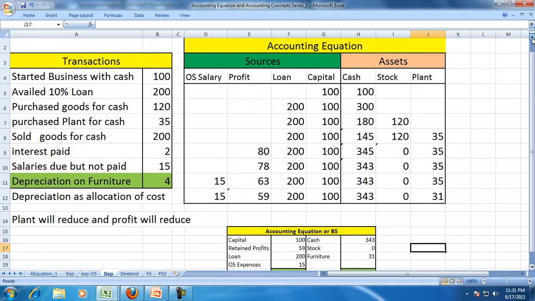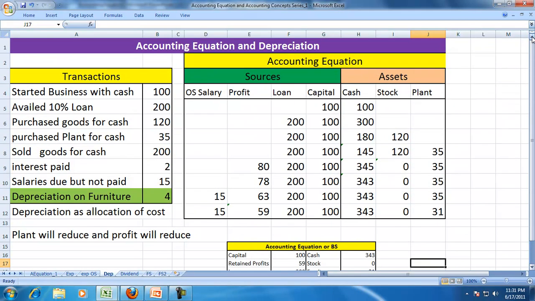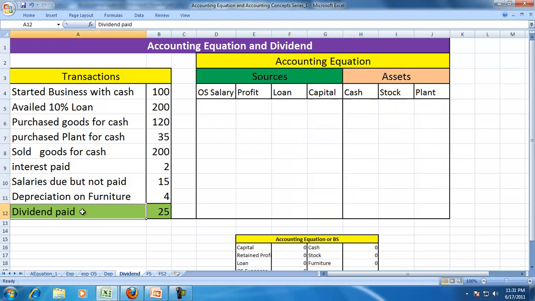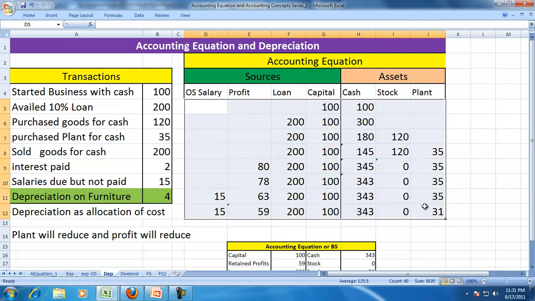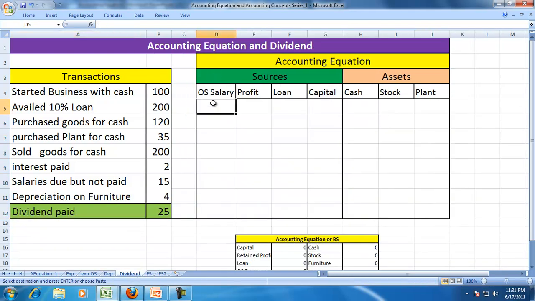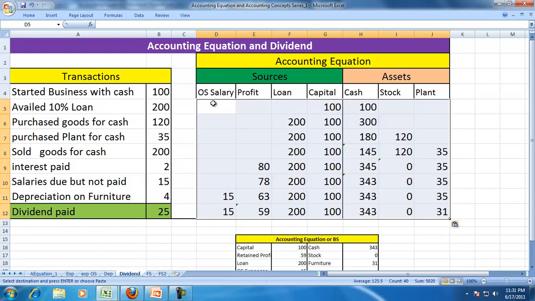So once again, the objective of this session was to show depreciation. In the same manner, let me pick up one more item, that is dividend. Okay, so I've just put one more item. All other transactions are same. So let me copy these items because there is no point in doing it again. So I just copy that and put it here. I should need a space. Hope I'm not wrong.